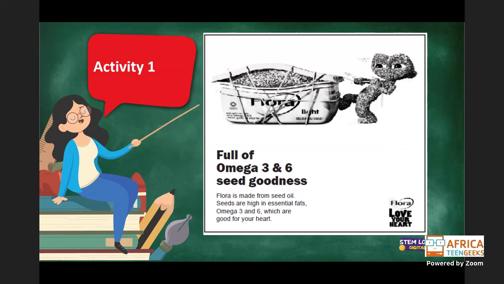So who do you think the advert is aimed at? It says full of omega-3 and 6, love your heart, and made of seed oil, seeds high in essential omega-3 and 6. So who do you think they are persuading to buy?